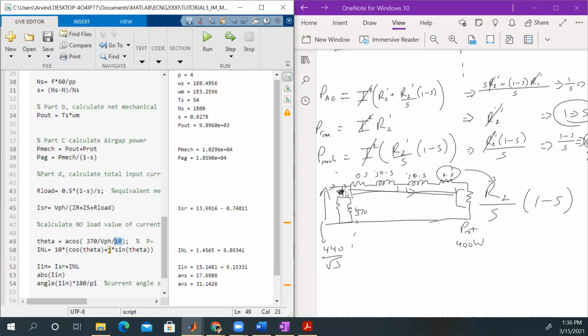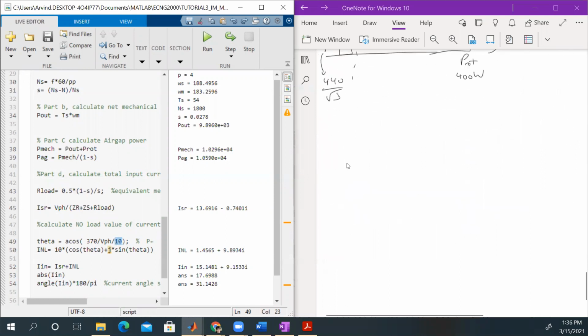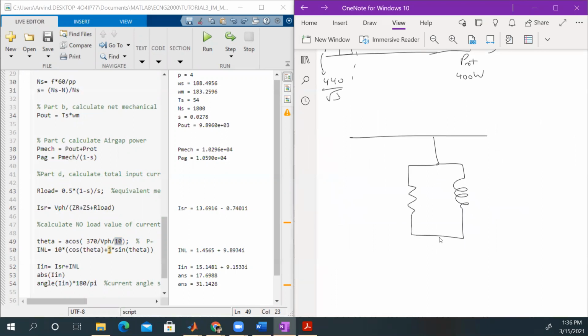So let's look at just this branch here that we're looking at. Right? So we have 440 on root 3, and we have magnitude of I no load is equal to 10.